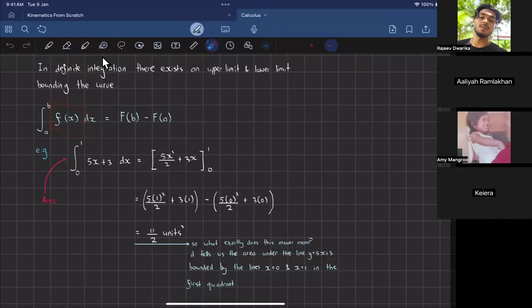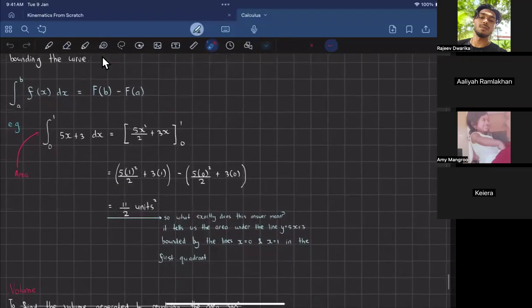You're gonna plug B into the integrated expression, and then minus it from when you put in A into the expression. So Aliyah, you integrate like normal, and whatever you get, you put in the upper limit and minus that from when you put in the lower limit. It's very simple. So I'll give Aliyah a chance to copy this down.